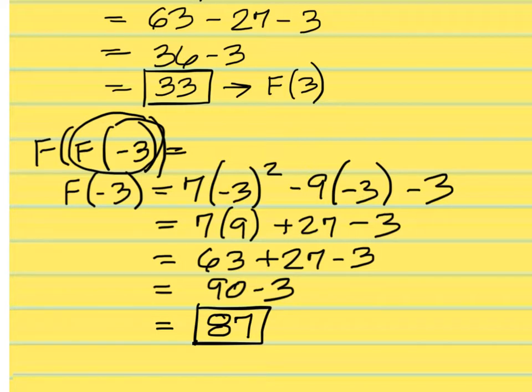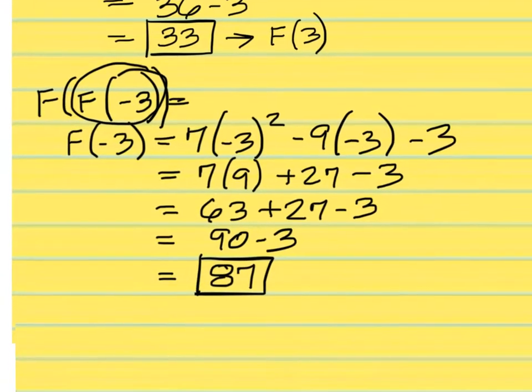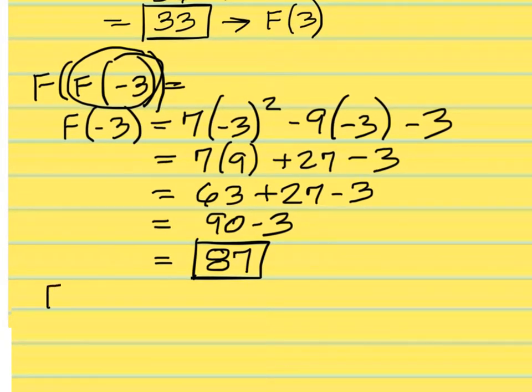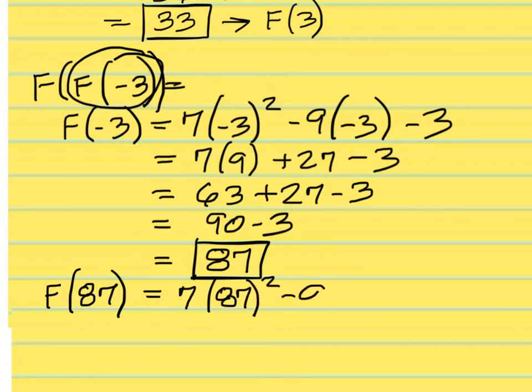You must put that 87 back into the function where you see x. So now you must do f of 87. So 7 times 87 squared minus 9 times 87 minus 3. So 87 squared is 7569.